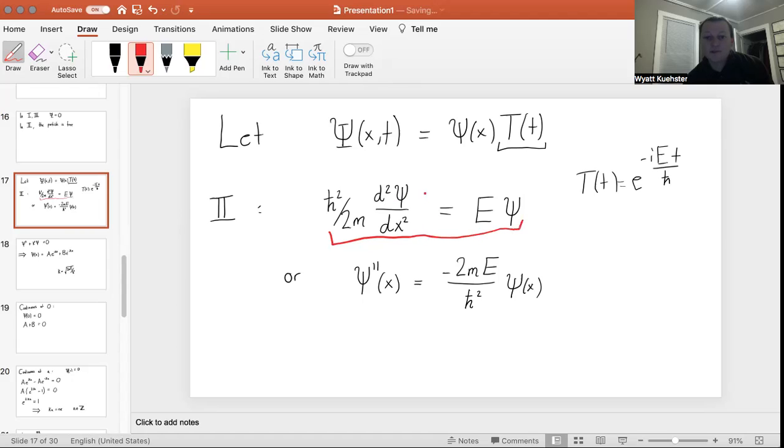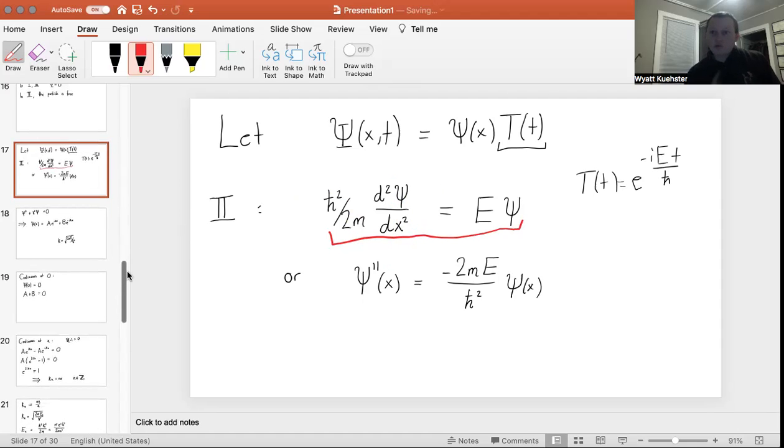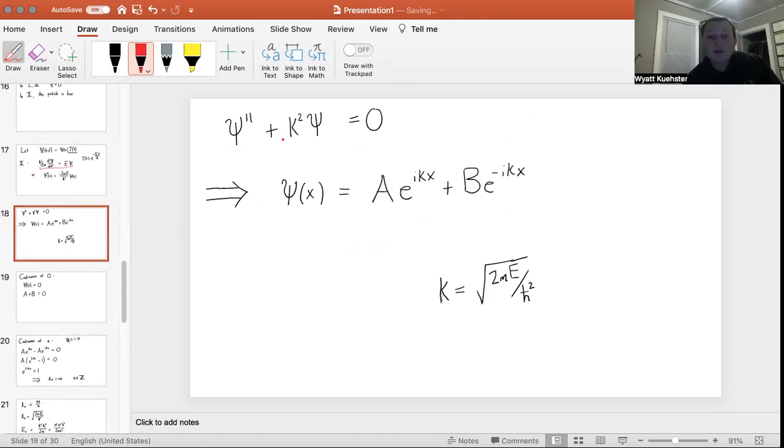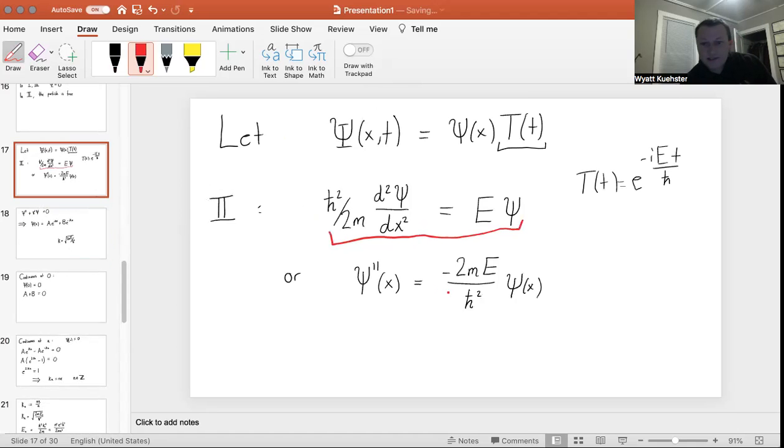And then little psi of x is going to be the solution to the time independent Schrodinger equation with V equals 0. In this case, the Hamiltonian is basically just a second total derivative operator. And this is an ordinary differential equation that we know how to solve, because it's of the form psi double prime plus k squared psi equals 0, where our k in this instance happens to be the square root of 2mE over h bar squared.